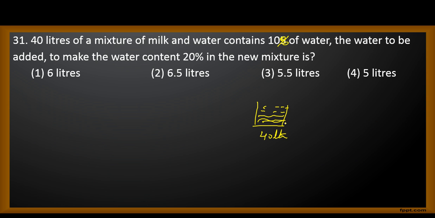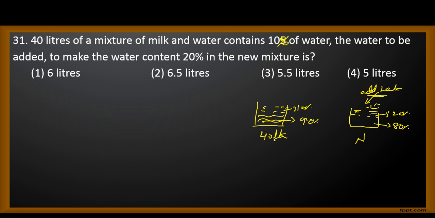Now what is the water content? 10%. What is the milk content? 90%. In the new solution, it means we are adding water. Now the water percent has become 20% and the milk will become 80% because you are adding water.